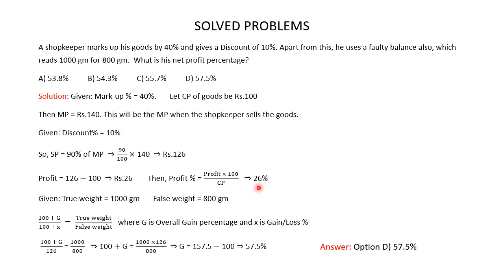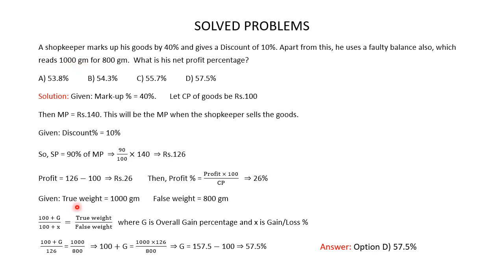Now this is not the actual profit percentage of the shopkeeper. This shopkeeper is a dishonest shopkeeper because he uses a faulty balance also, which reads 1000 grams for 800 grams. This means that while selling, he is selling only 800 grams, but the balance is showing that he is selling 1000 grams.